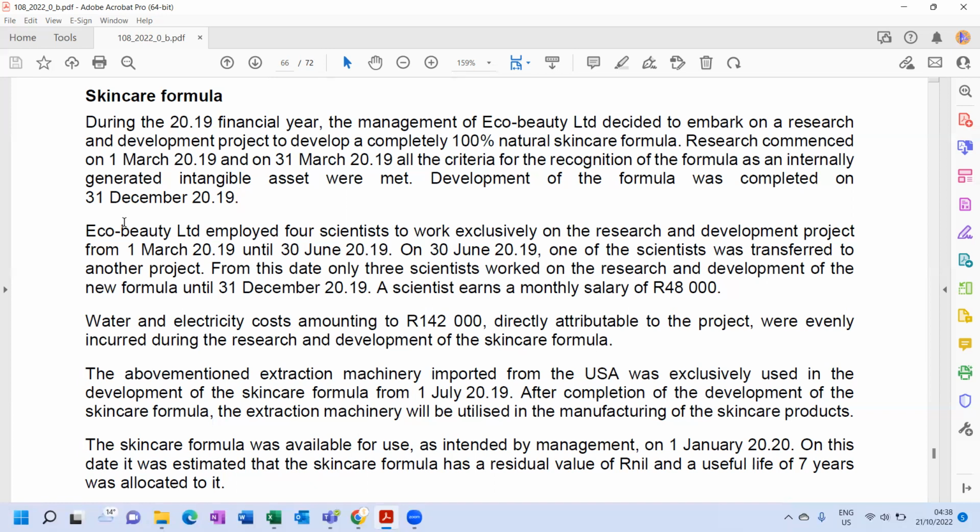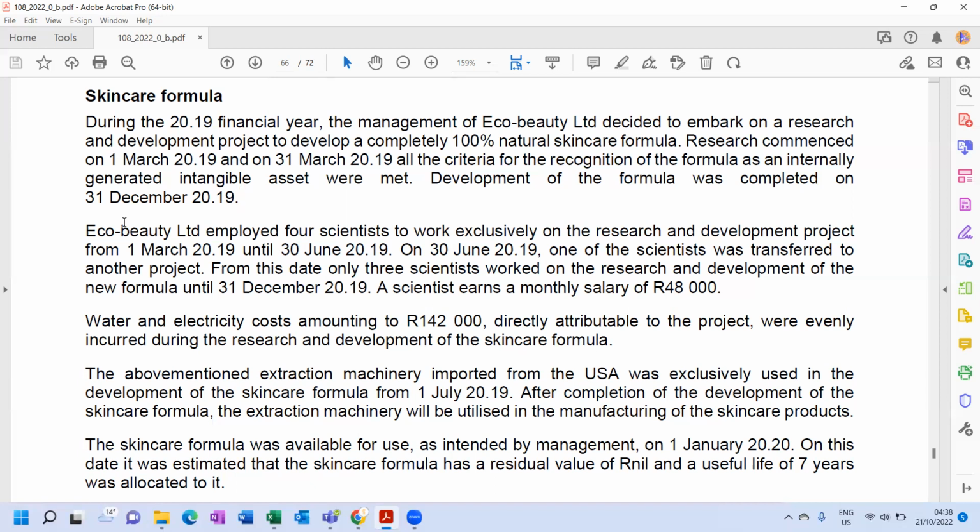Of that 142,000, 1 month will have to be expensed because it was in the research phase, and 9 out of the 10 months will be able to be capitalized to the cost of an asset because it was in the development phase, and the entire development phase met the criteria for recognition.